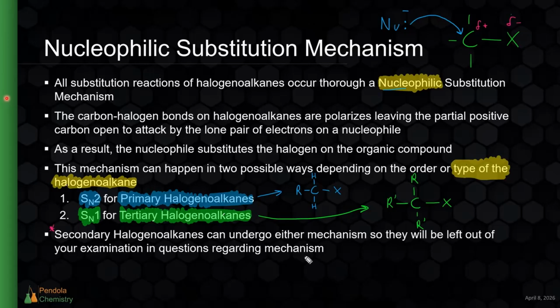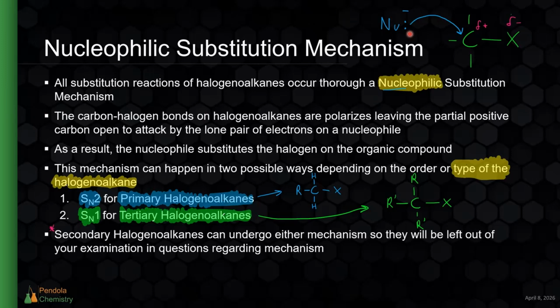So anytime you're asked to draw the mechanism of a nucleophilic substitution reaction with a halogenoalkane, you will either be given a primary or a tertiary halogenoalkane. And depending on which one you're given, you will use a different mechanism.